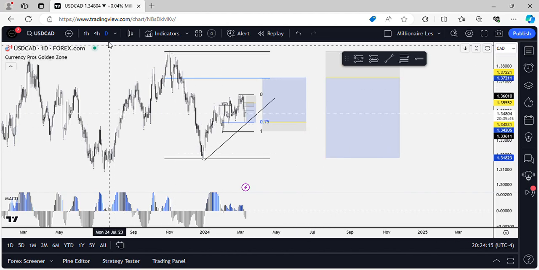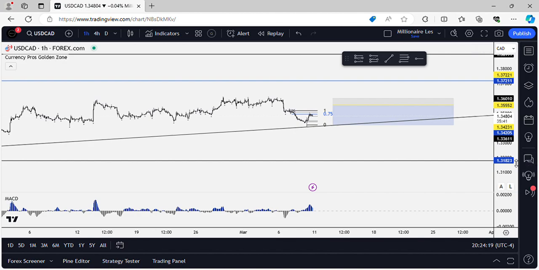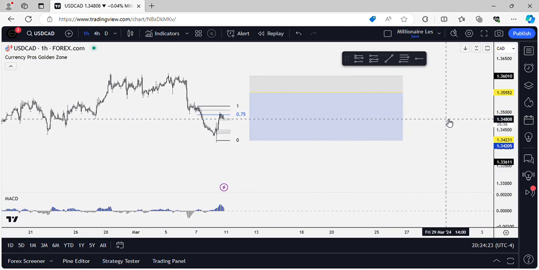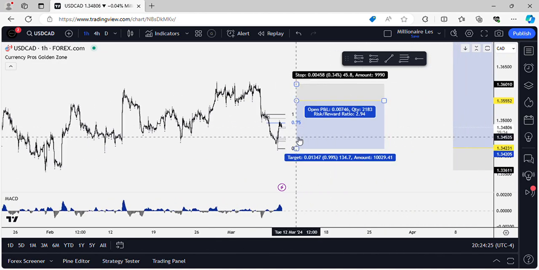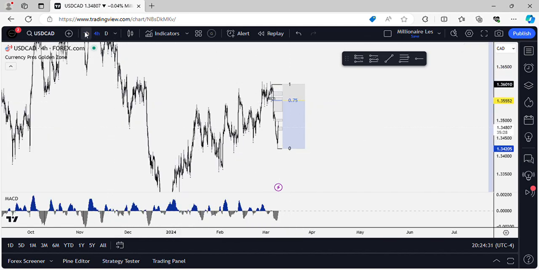Now you might be like, okay, Les, where does the 1 hour come in? Cool, don't mind if I do. On the 1 hour, like I said again, follow me. This trade right here is the 4-hour trade. On the 4-hour, I'm looking for overall sells.